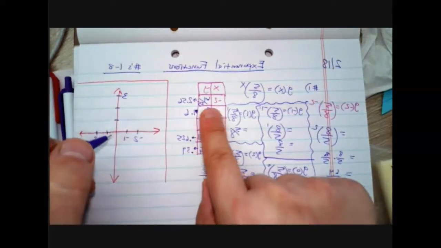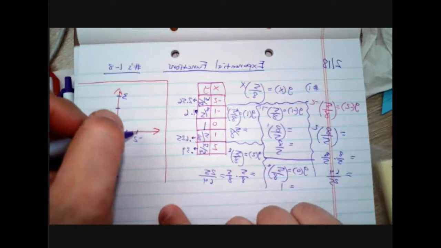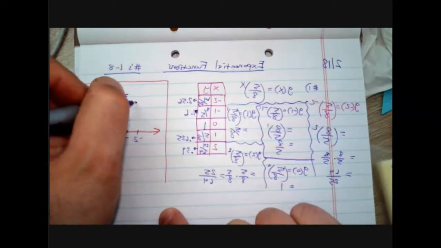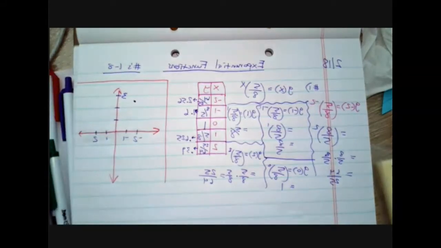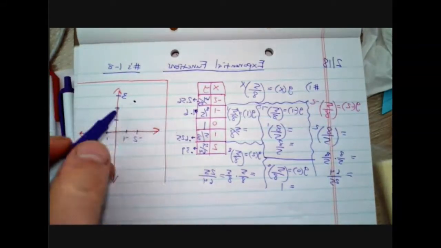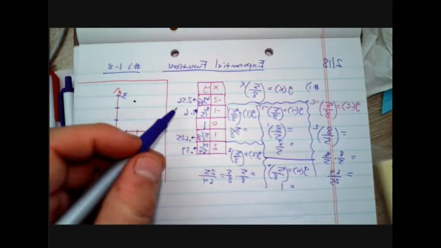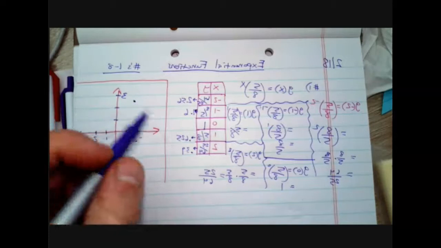So at -2, 2.56. You can't get that perfect, but I'm going approximately 2.5 spaces up, because 2.5 is 2.5. That's pretty close. Then -1 and 1.6.